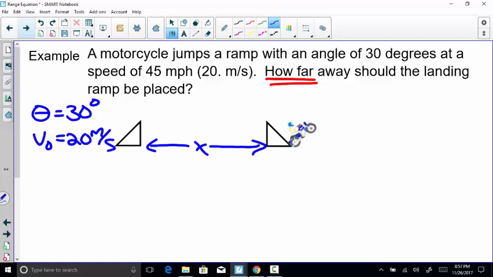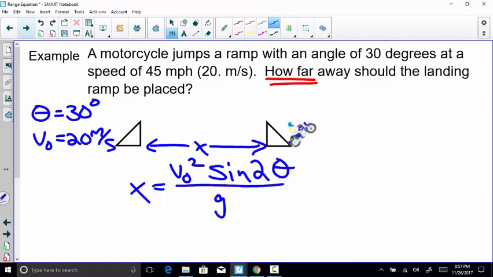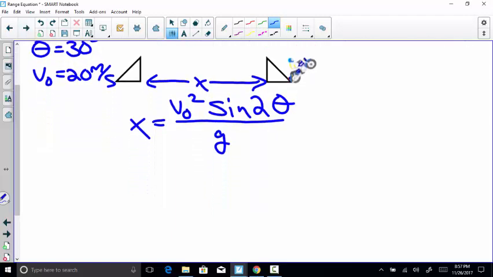We could do the old trick of finding time in the y direction and substituting it, but we now have a nice, neat little equation that says the range x is v initial squared times the sine of 2 theta divided by g. If I plug everything in here, I have 20 squared times the sine of 2 theta.